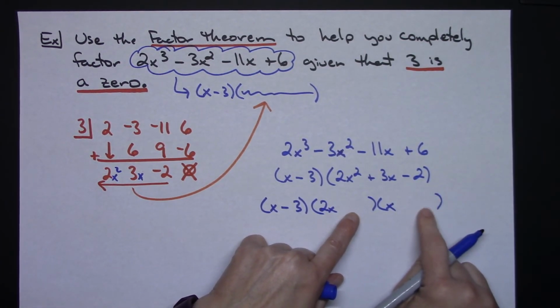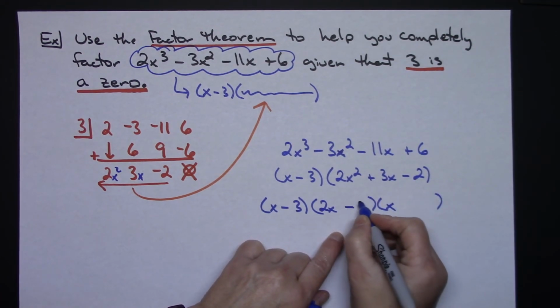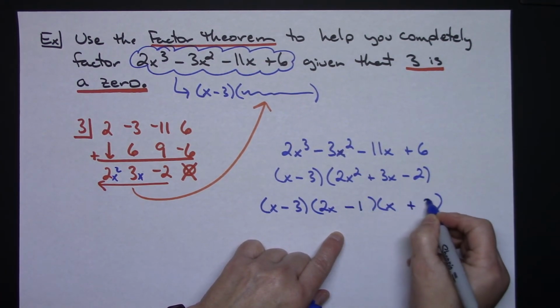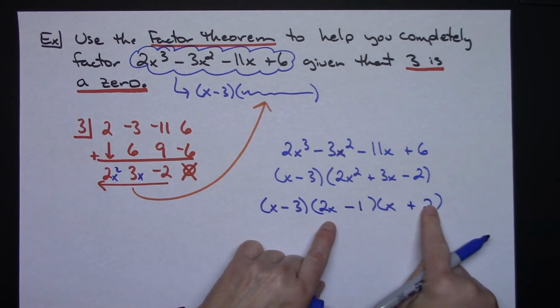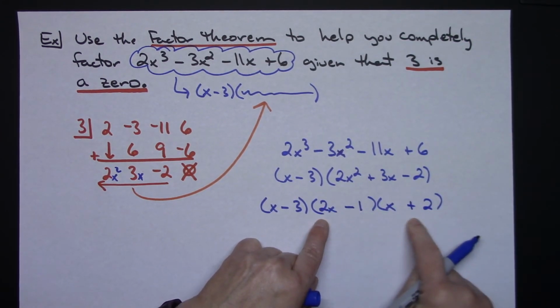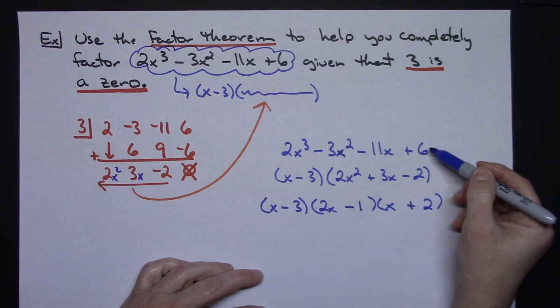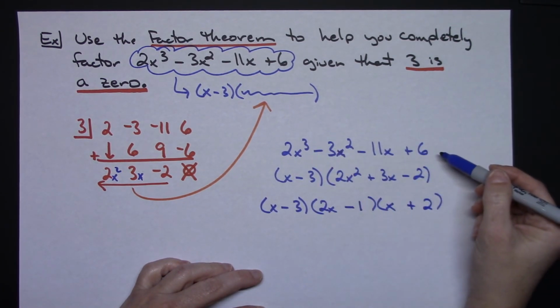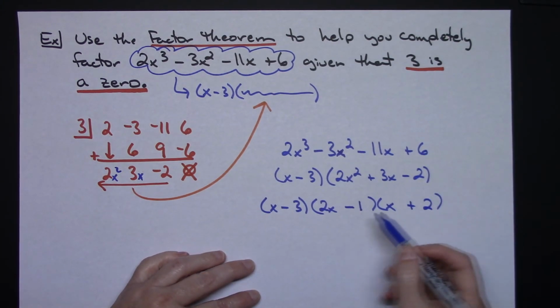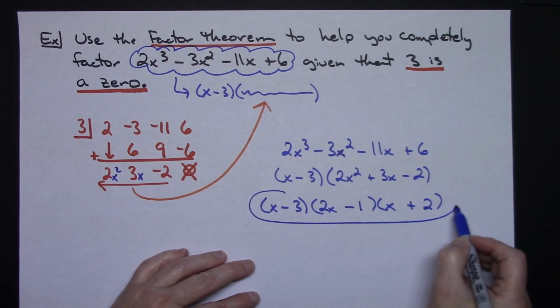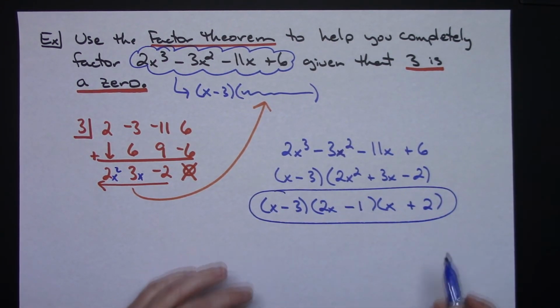And I think to get a positive 3 there, my 1's got to be minus and my 2's got to be a positive. That'll give me a negative 1, that'll give me a 4, and negative 1 gives me that positive 3 right there. So now this original polynomial that had 4 terms in it, we have now factored completely into this, and we used that factor theorem to help us get started.